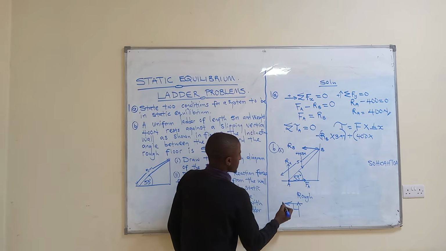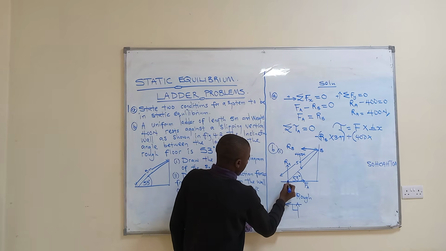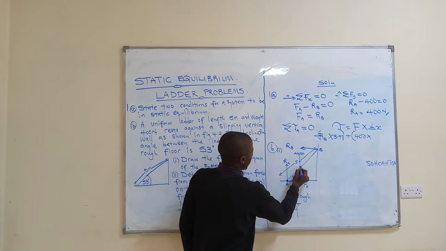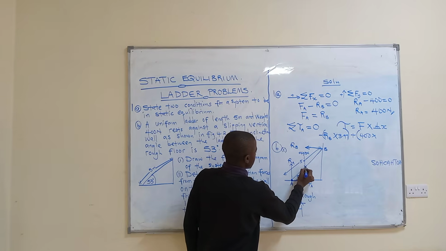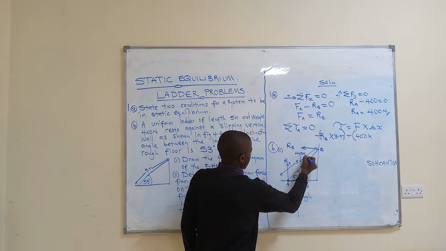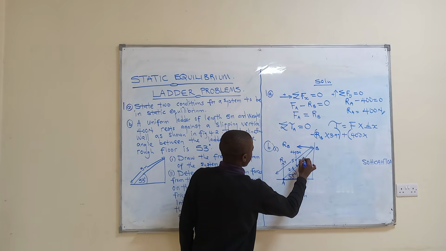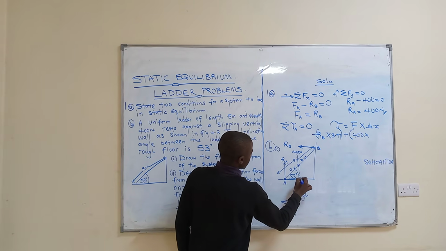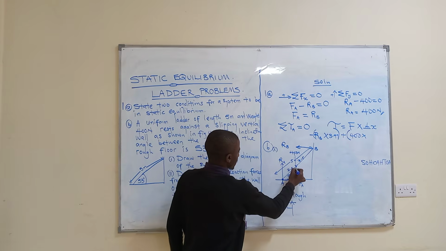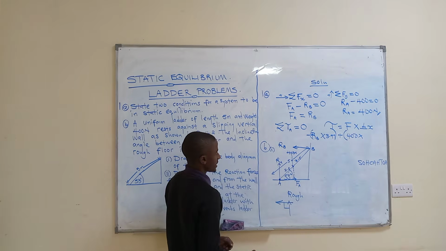So to get the distance from my pivot point to where the weight force was concentrated, I divide this 5 by 2, and I'm going to get 2.5 there, 2.5 there. So I have to extract the triangle. This is a small triangle to find the perpendicular distance.